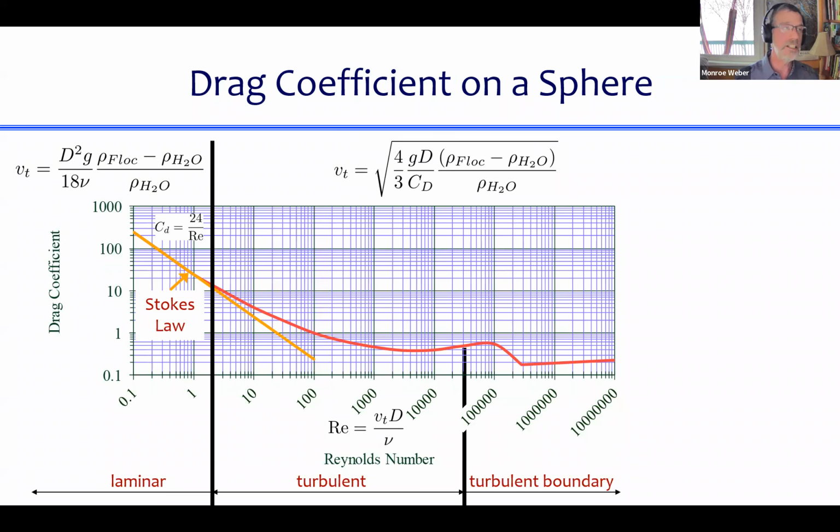For the specific case where we have laminar flow, we can replace the coefficient of drag with 24 over the Reynolds number, and we can replace the Reynolds number with the velocity times the diameter divided by the kinematic viscosity. And when you do that, you get velocity showing up on both sides of the equation, but happily, you can easily factor it out again.